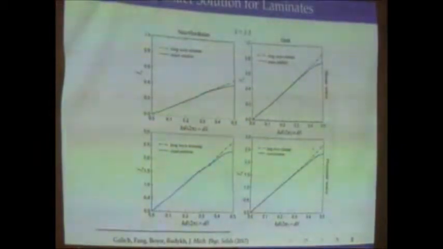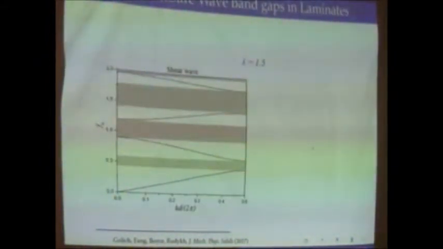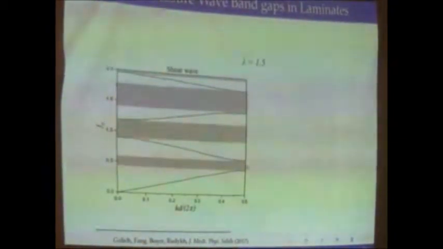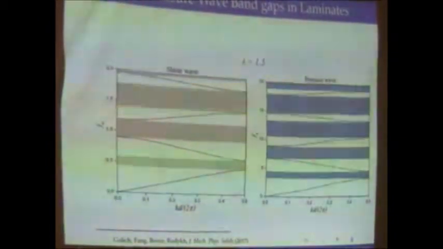It's significant in the interesting region, right here, where all the band gaps form. So the long wave estimate cannot really provide us this important information. And again, that's where the band gaps appear. So this is for shear and pressure waves. This is something quite standard.